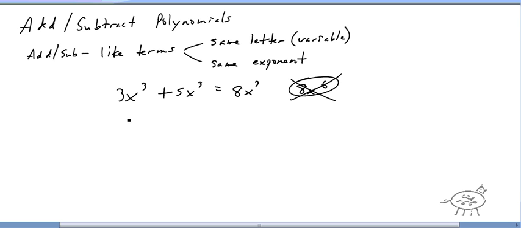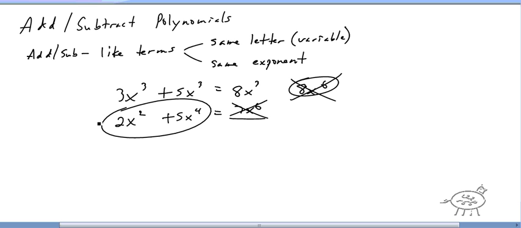If I had 2x squared plus 5x to the 4th, you can't add them together. So please don't tell me it's 7x to the 6th. Okay, that's like really, really bad. That's actually as simplified as you can get. All right, so that's just an important thing to understand before we even start adding and subtracting polynomials.